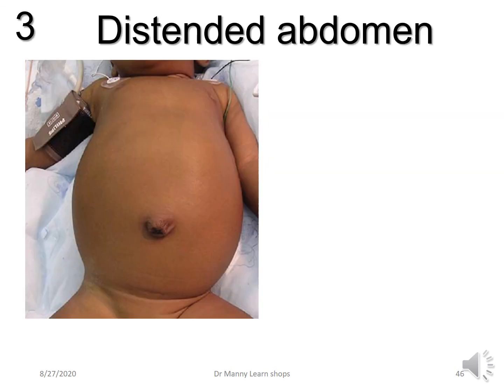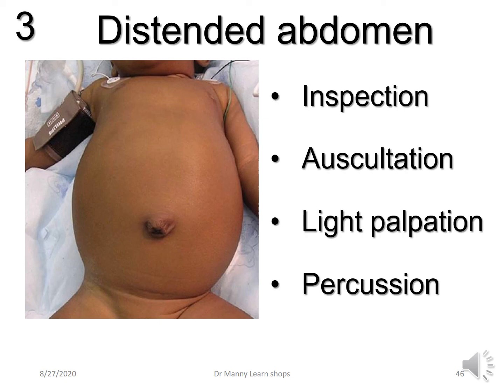You've got an infant that's come into your department with a distended abdomen. What techniques would you recommend? All of them. Inspection, you're looking. Auscultation, you might be listening for peristaltic bowel sounds.